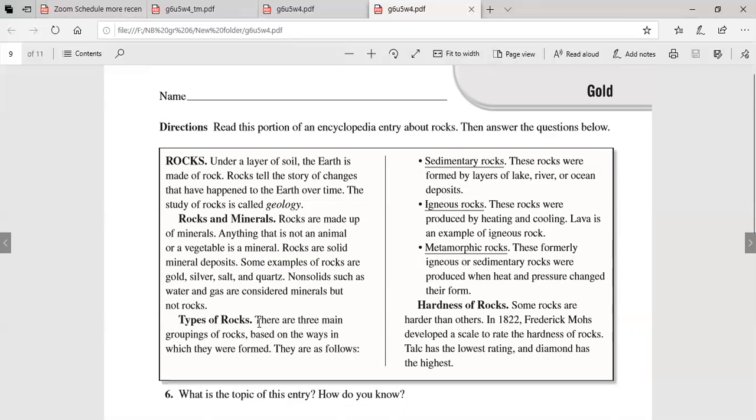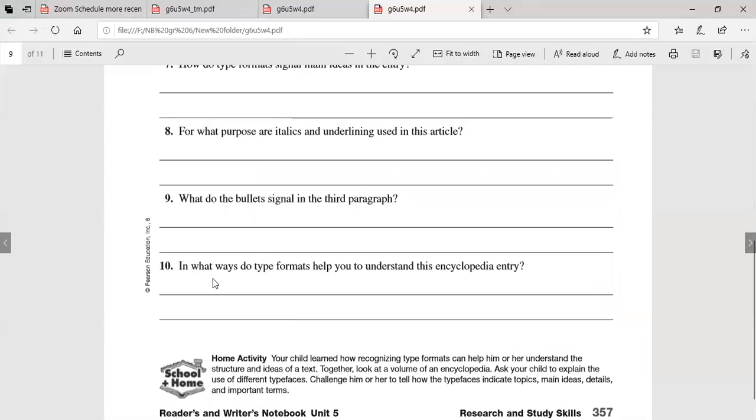That's all. Number 10. In what ways do type formats help you to understand this encyclopedia entry? This again is an open-ended question. You apply yourself. In what way?